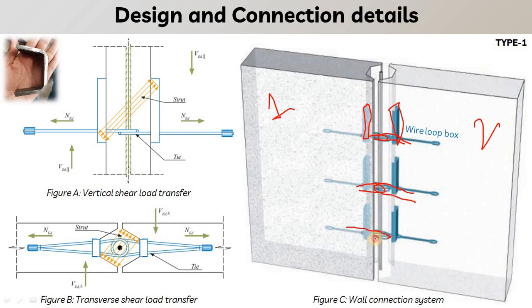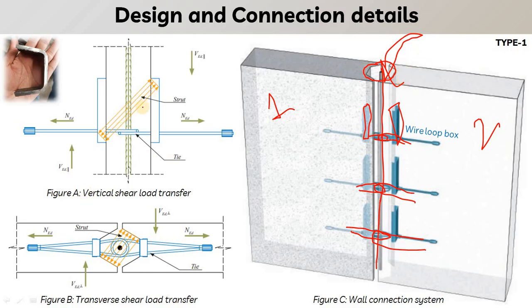Similarly, from each loop box there will be a wire, and then a locker bar will be inserted through these wires. So these are now connected, and then this gap will be filled using a special high strength cementitious grout.